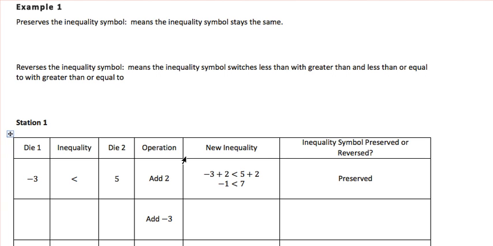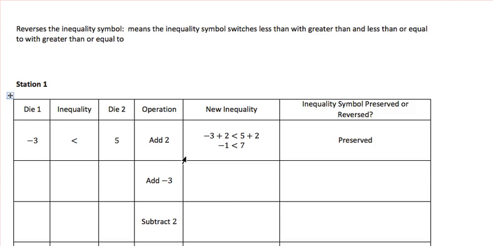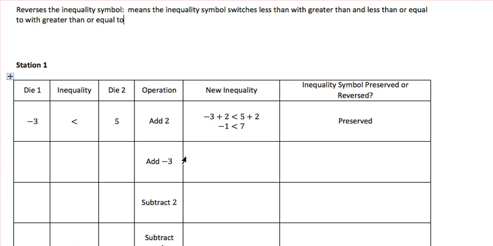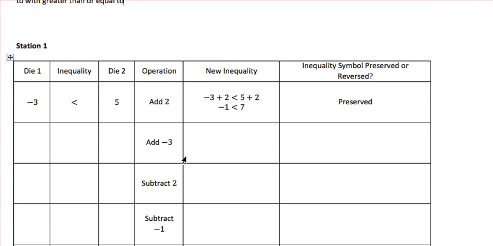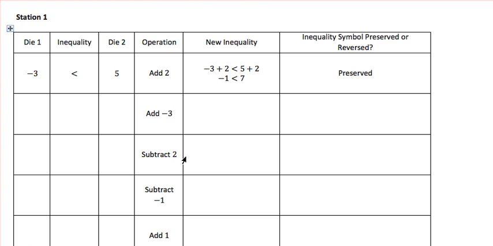So there'll be a station activity. In the station activity, what you will do is go to the station, take the two cubes that are provided. The cubes have different integers on them.